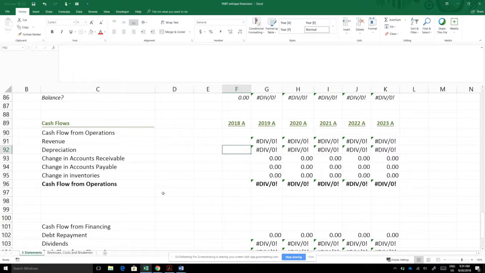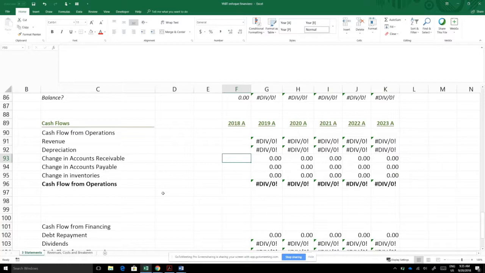So here we're just fixing it. So we are adding back the depreciation. Then we have the change in accounts receivable.